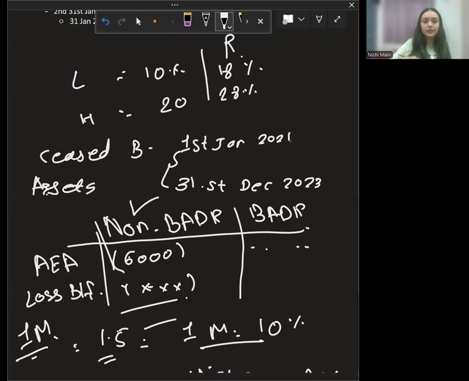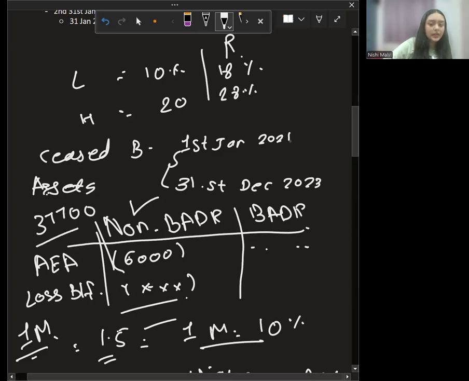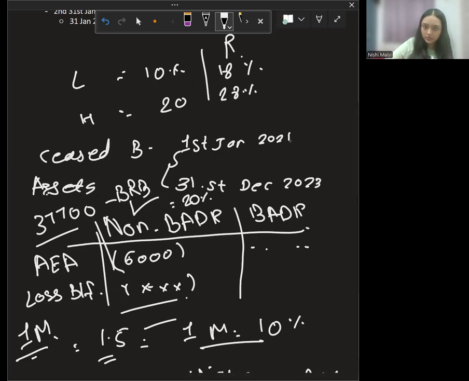The reason is, here you don't have any reliefs available, so if you exceed the basic rate band of 37,700, the BRB, then you have to pay whatever the gain is at 20%. That's why you should try to use all the reliefs against non-BADR gain first.